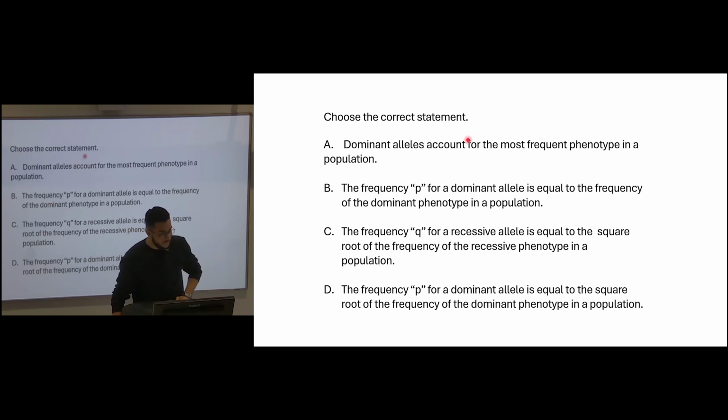Let's start with A. Dominant alleles account for the most frequent phenotype in the population. When you read dominant allele, you're thinking, probably it's the dominant one, so it's always going to be passed on to the offspring, and you will see it all the time in the offspring. But it does not work like this for a population that is in Hardy-Weinberg equilibrium, or even a population that is not, like humans.